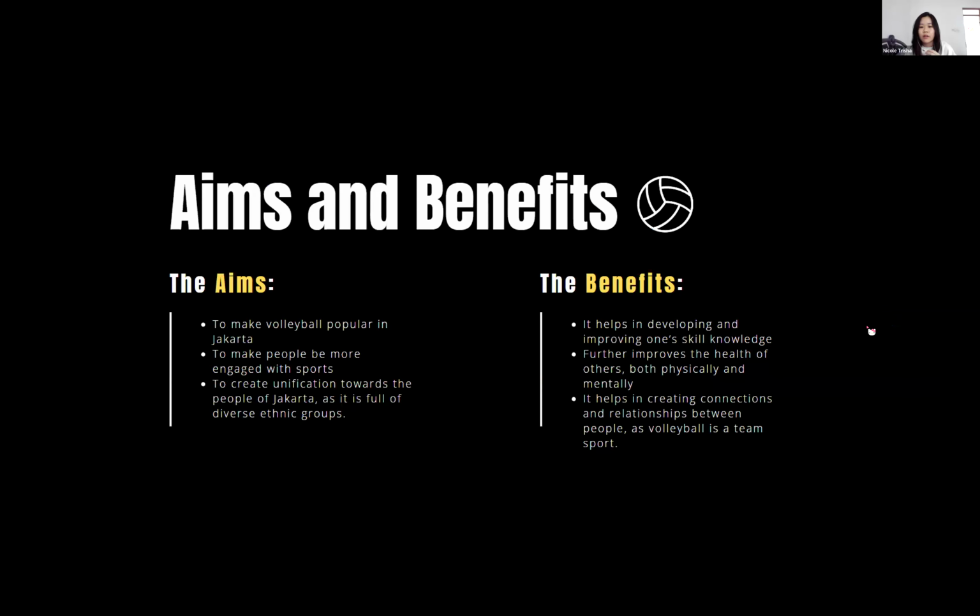Now, for the aims and benefits, my aim is to make volleyball popular in Jakarta. The reason for this is also to make people more engaged with sports other than just playing badminton. I want them to be more engaged in a more teamwork kind of game, because volleyball requires 6 members rather than just 2. Also, the aim of this research is to create unification among the people of Jakarta, as it is full of diverse ethnic groups.